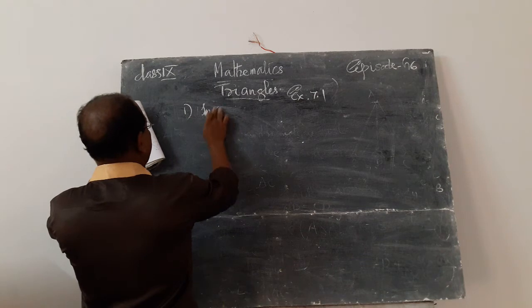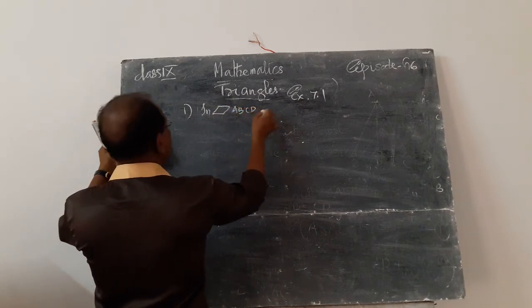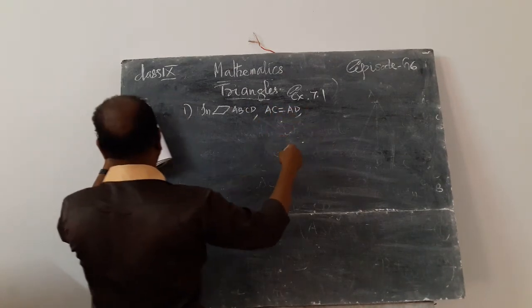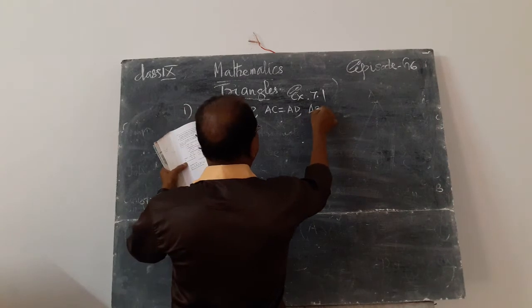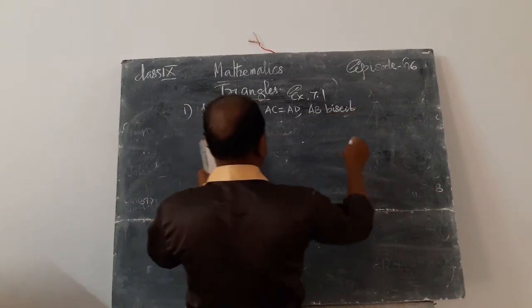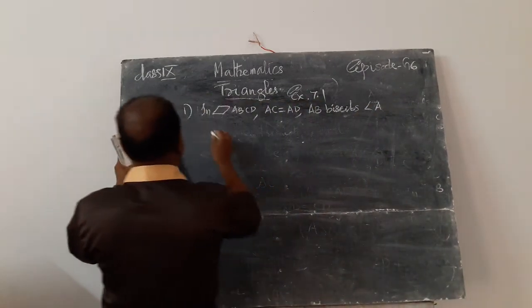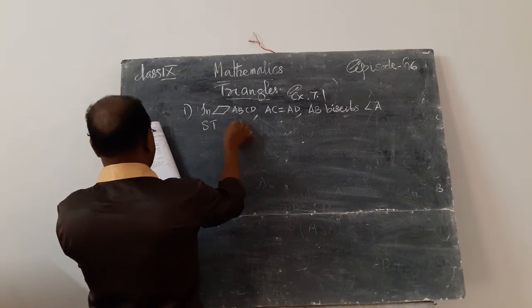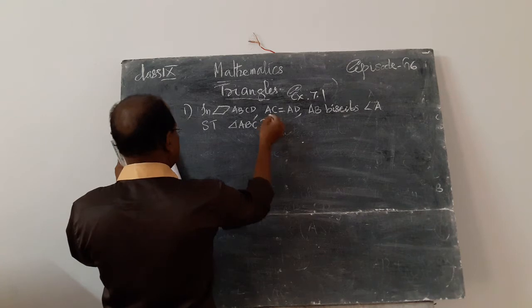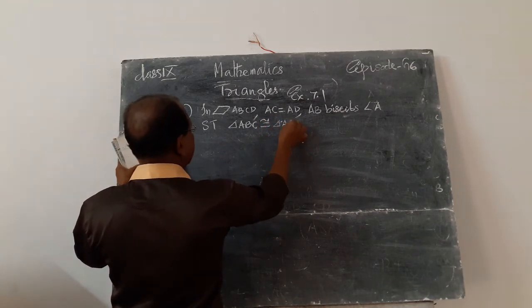In quadrilateral ABCD, AC is equal to AD, and AB bisects angle A. Show that triangle ABC is congruent to triangle ABD.